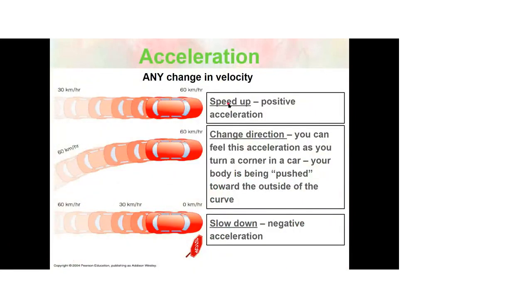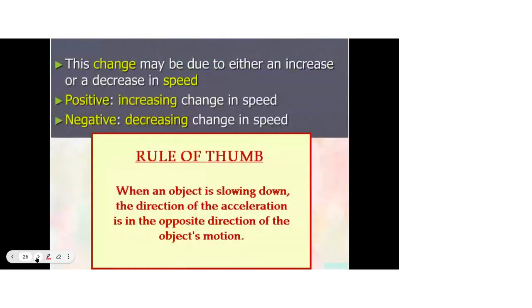All right, so let's just summarize here. Any change in velocity is acceleration. Speeding up is positive acceleration, with acceleration and velocity both going in the same direction. Slowing down is velocity going in this direction and acceleration going in that direction, the opposite direction, which is also negative acceleration.